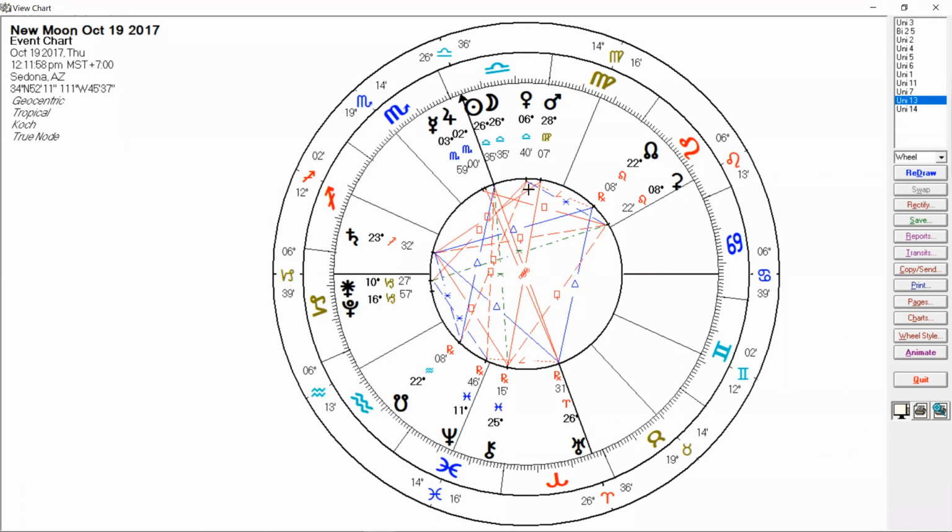Libra is about bringing the polarities, the mental and the physical, the dark and the light, the male and the female, whatever, and trying to bring them together. And the opposition to Uranus says we need to do that in a completely different way.